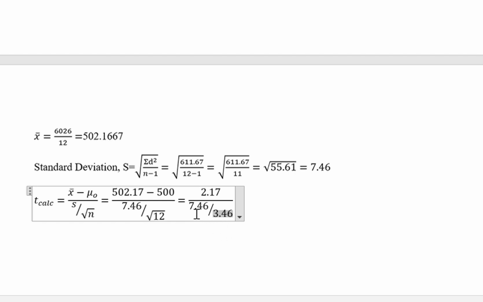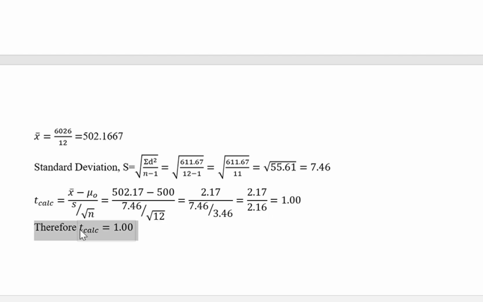Simplify this, 7.46 divided by 3.46, so that will be 2.17 over 2.16. 2.16 is from the fact that we have divided 7.46 by 3.46. If you simplify this, you will get 1.00 when you round it correct to 2 decimal places. This is our t calculated. So we shall say our t calc is 1.00.